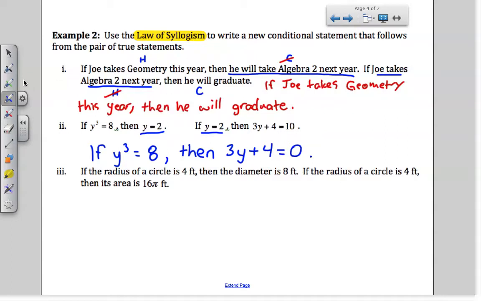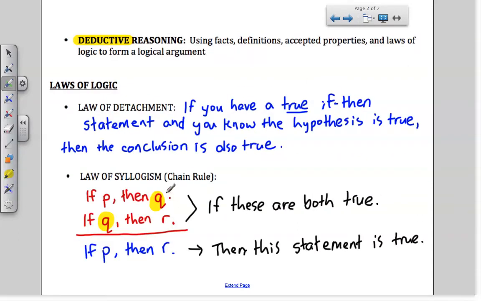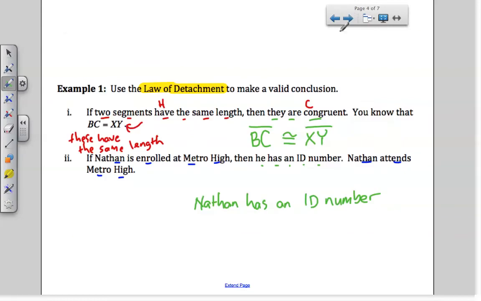Now I want to note what is repeated here. What was the same in both statements? It looks like the common thing is the radius of a circle is 4 feet. But notice something here. This is the hypothesis of the first statement. This is again the hypothesis of the second. Now remember, to use law of syllogism, you have to have the conclusion repeated as a new hypothesis.